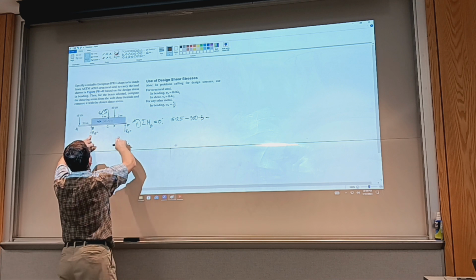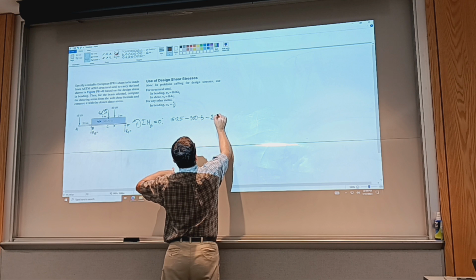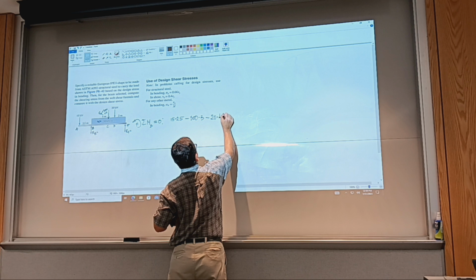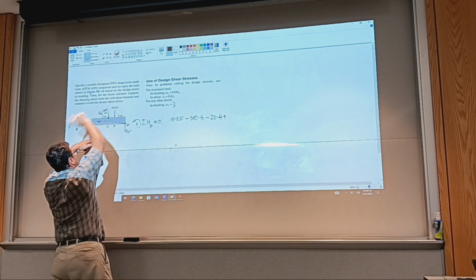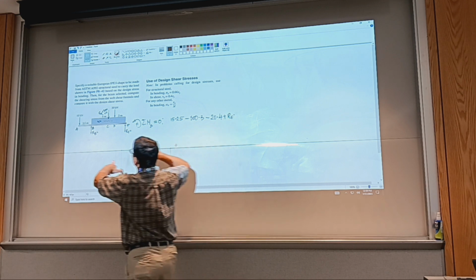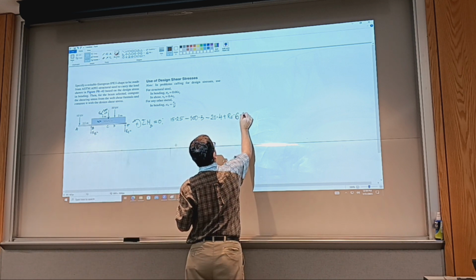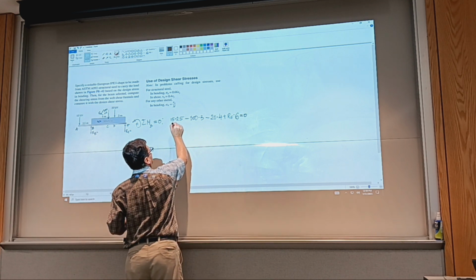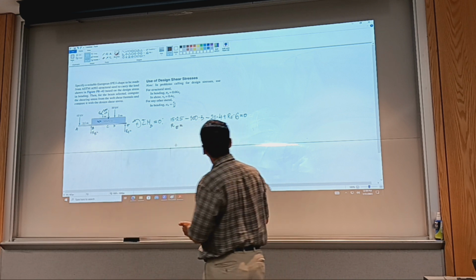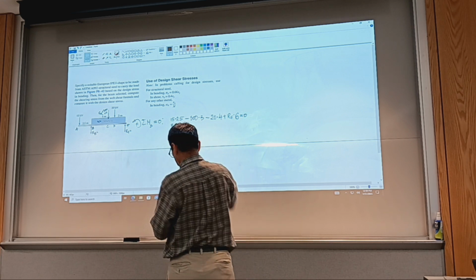And then I have another negative moment. It will be 20 kN times 4. And then positive moment of RE, and the arm of the force is 6. Equals 0. So this will give us RE. Let's assume this goes to the side, change sign, and change negative to positive.